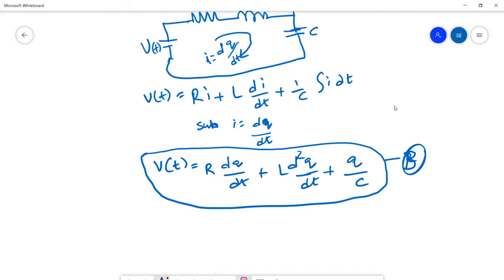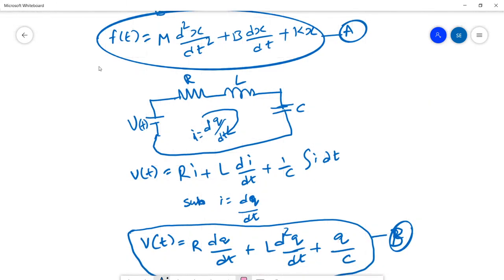When you are taking any system, you consider what the inputs are, what the outputs are, and what the elements across the circuit are. Input is nothing but voltage. In a mechanical system, input is force and output is displacement.